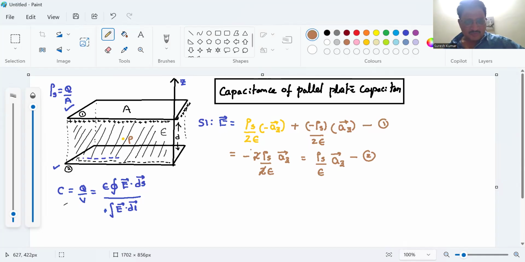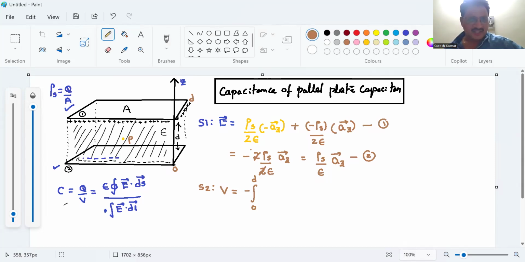Step 2. I'm going to find out the potential at this point P. That is, potential means V. I need to calculate V. V is equal to minus integral from 0 to d, because this is 0, and the height is d. The difference between these two plates is small d.